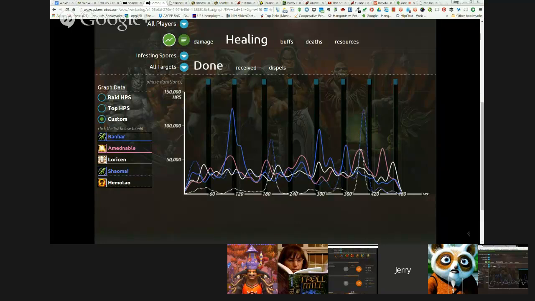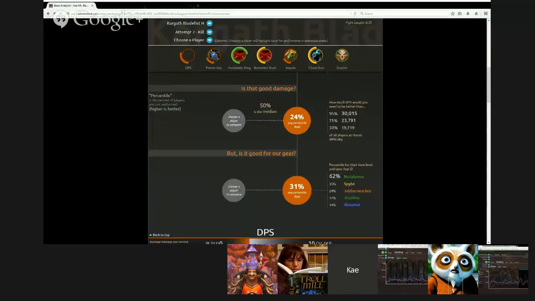So I was wondering, at the beginning it showed, for the average item level of the raid, how the performance compared to other raiding groups with that item level. Does it show that for individuals? It does for individuals. You have to put yourself into the group.